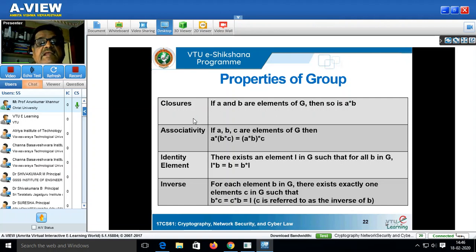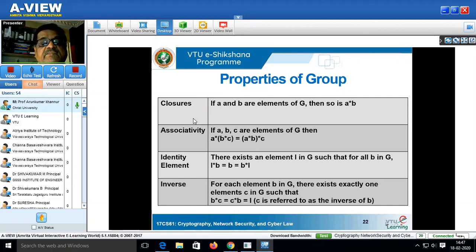If we take three elements A, B, and C, which are the elements of G, and when we carry out the operations as A star, the operation in the bracket, B operation C bracket complete, then we are going to get the result from carrying out the operation open bracket A operation B bracket complete operation C. Then whatever values we get, A star open bracket B star C close bracket and open bracket A star B close bracket star C, when you compare, both will be equal.